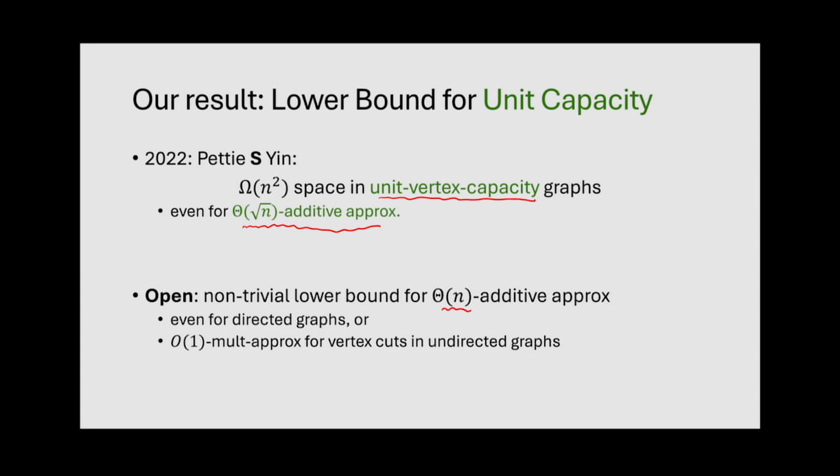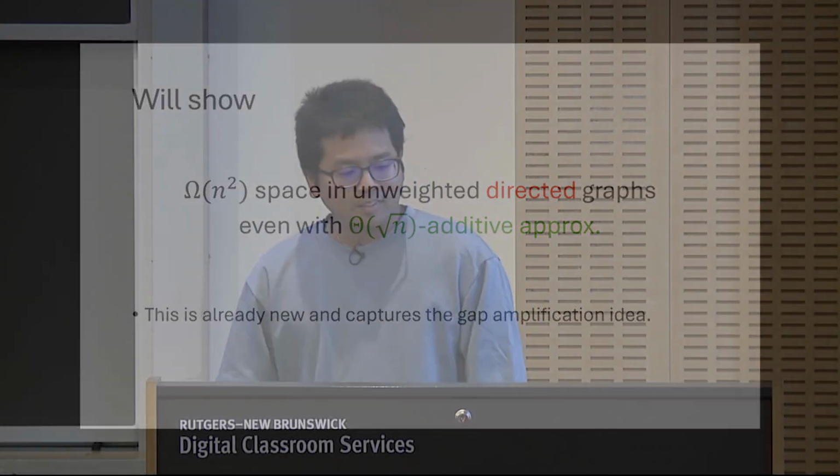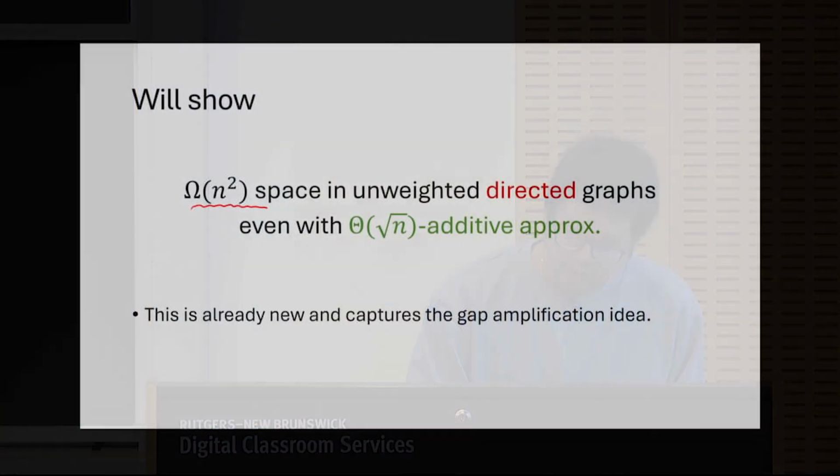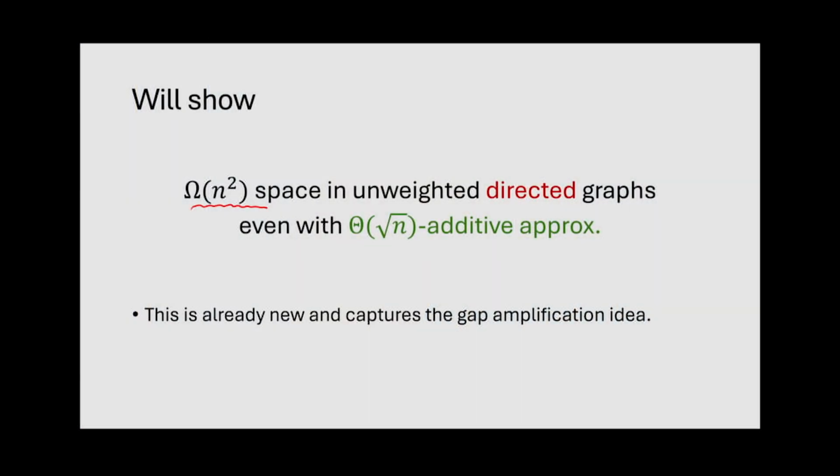So here I will now talk about the idea. What I will show instead is this n square space lower bound in an unweighted graph, unit capacity, but let's say that it's a directed graph.